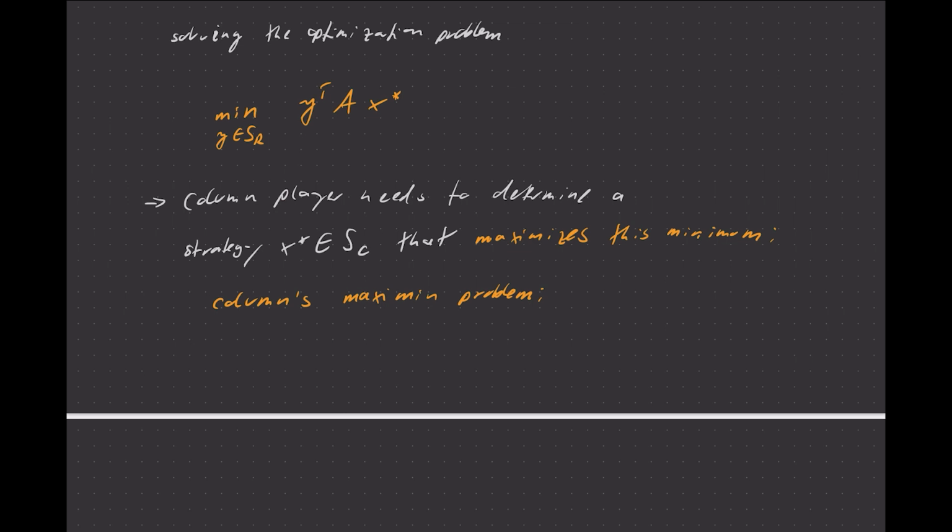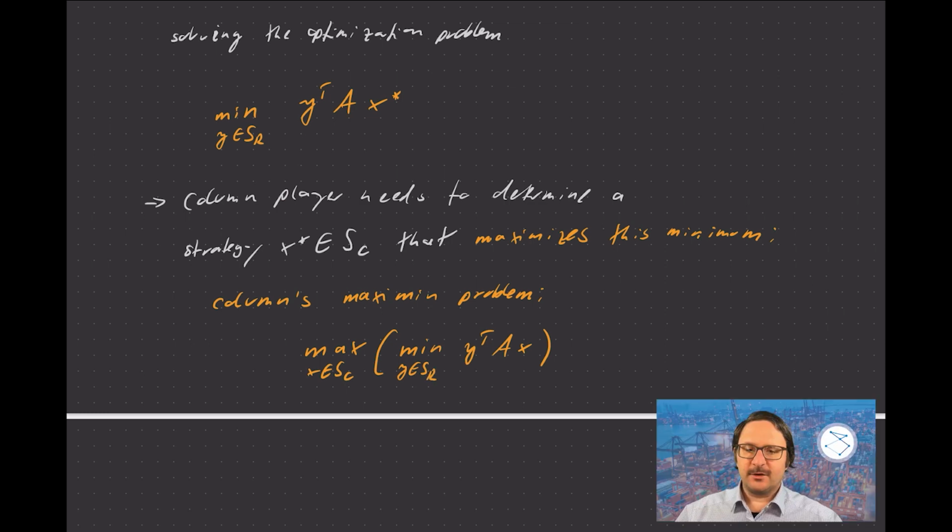So what Column needs to do is find a strategy x in the set of available strategies SC that maximizes the minimum of y transposed A x, where y is chosen over SR. So to say, for every x that the Column player can choose, the Row player will choose a corresponding y that minimizes the payoff for that given x.